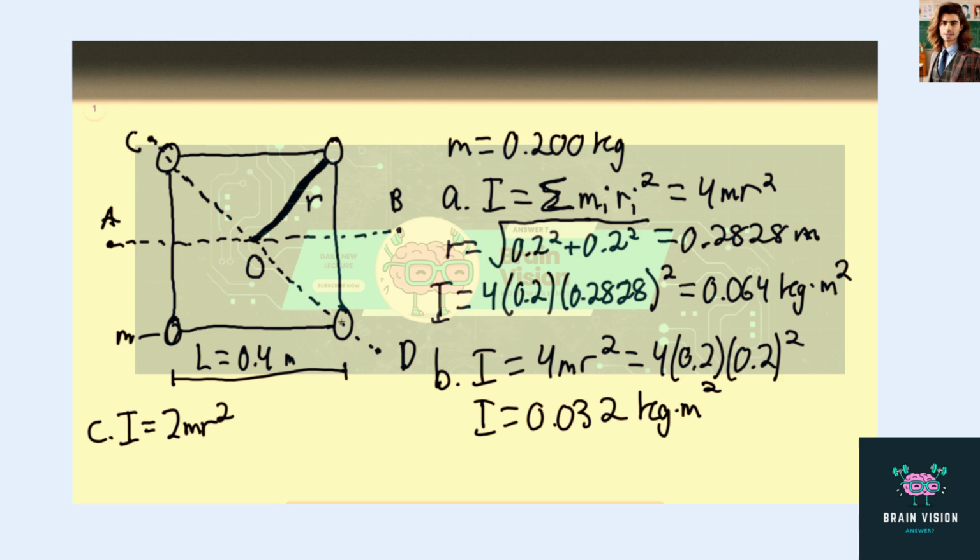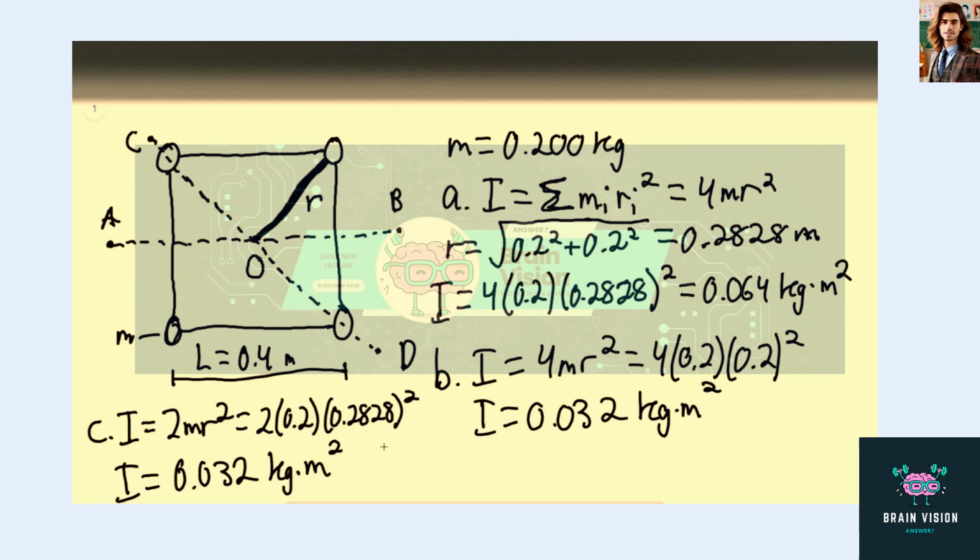We're not counting these masses because they lie on the axis of rotation. So this is going to be equal to 2 times 0.2 times 0.2828 squared, and I for part C is going to equal 0.032 kilogram meters squared.